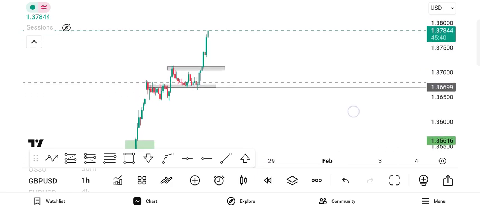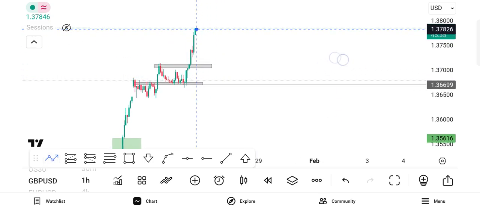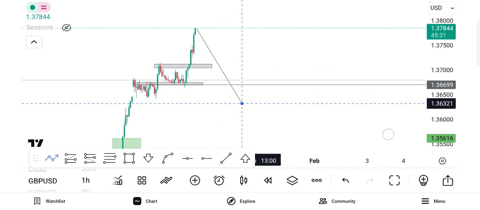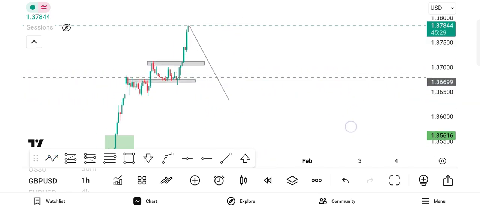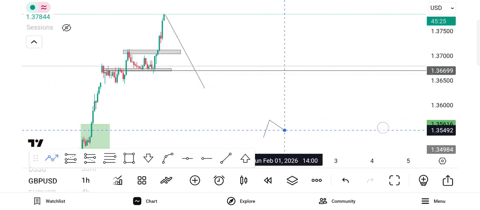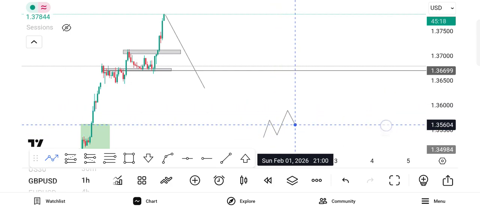What I do not want to see is GBPUSD coming back and breaking below this higher low here, because we all know it's a simple price action method. Once we are in an uptrend, we make higher highs and higher lows, higher low, higher high, higher low, higher high.